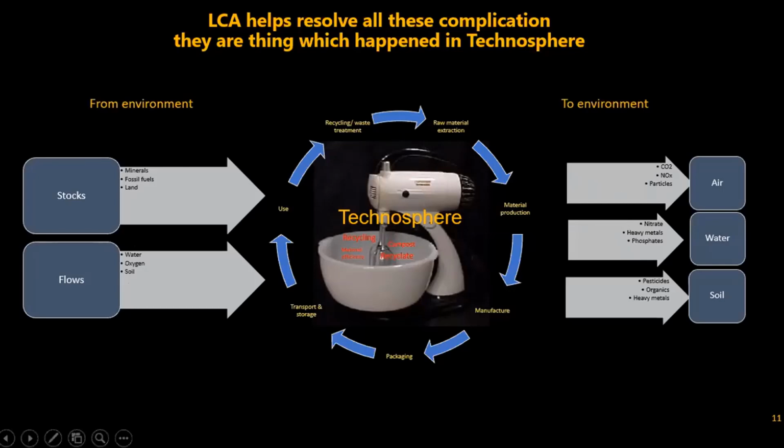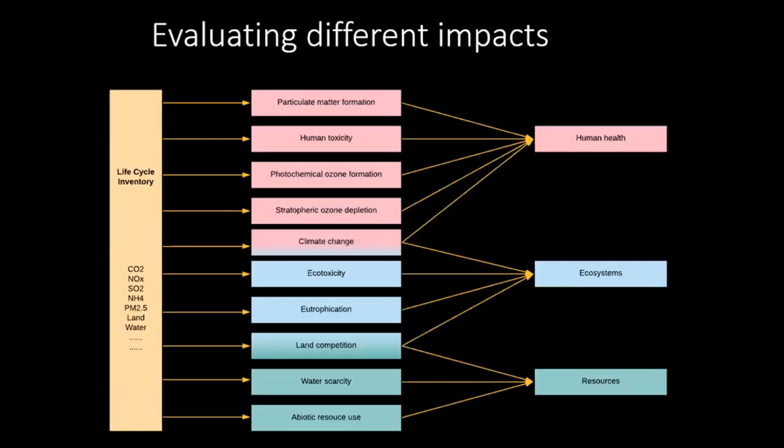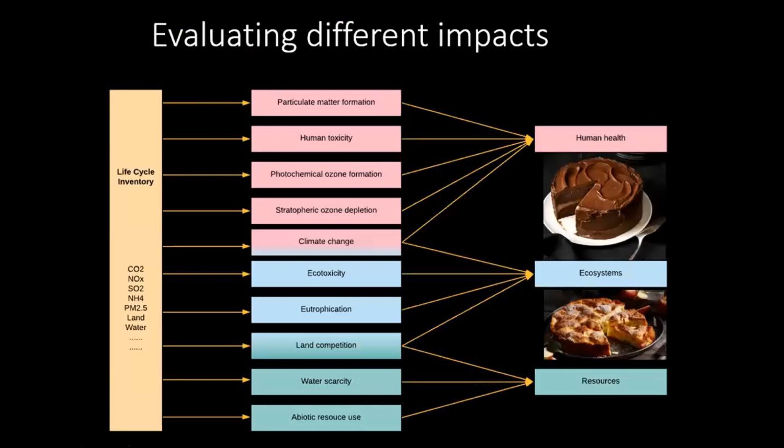We take that very long list, which is hideous and difficult to understand, and we link it to the things that we ultimately care about. And so, following the mixer analogy, the cake, what we're interested in is the benefits to society in terms of human health, in terms of the health of ecosystems, and the longevity of our resources.